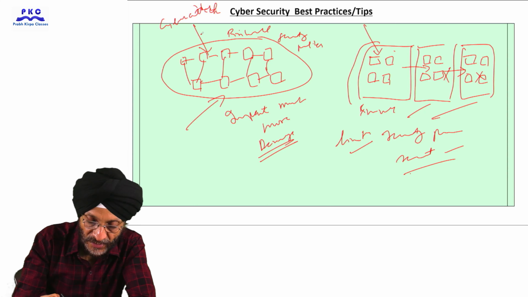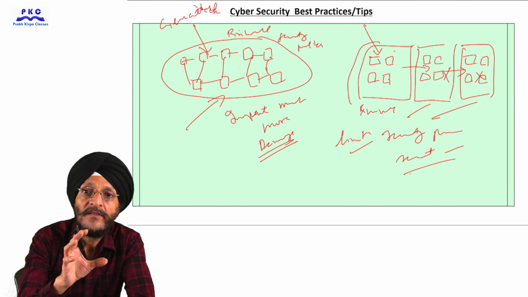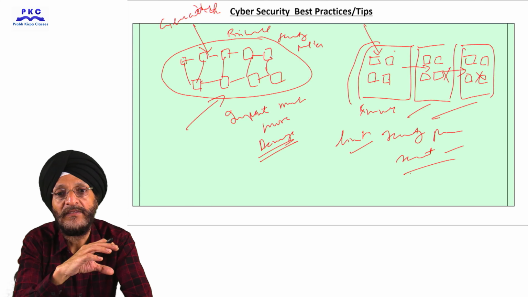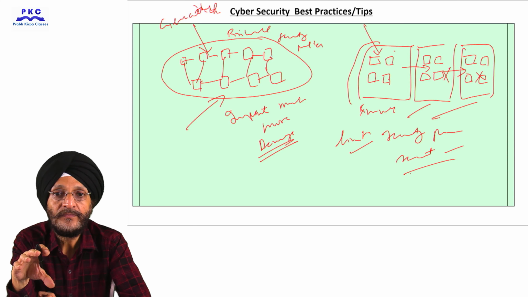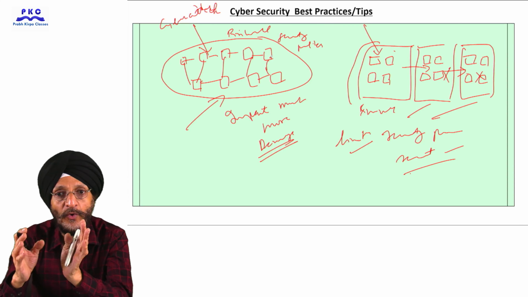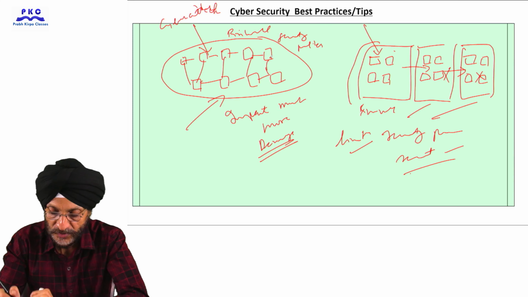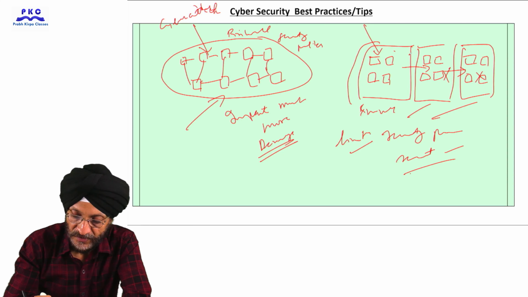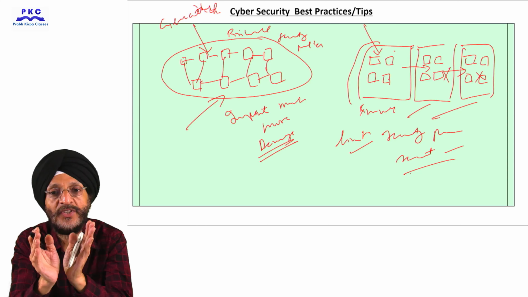In the case of a large network, the cyber attacker will have the opportunity for unauthorized access to all the network. But in the case of smaller networks, it is not so, because each smaller segment will have its own firewall, its own security policies.